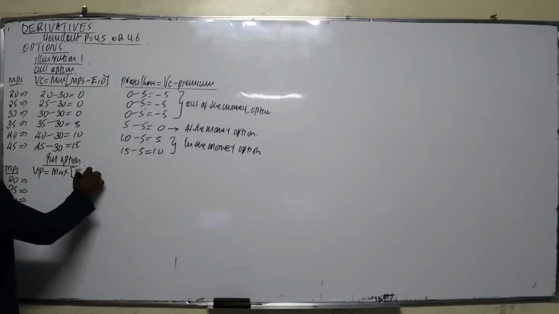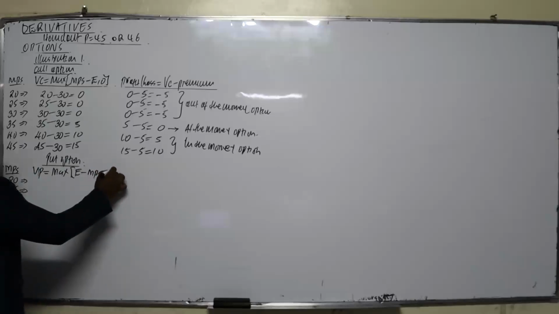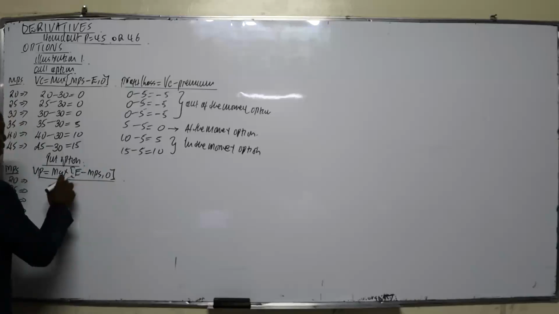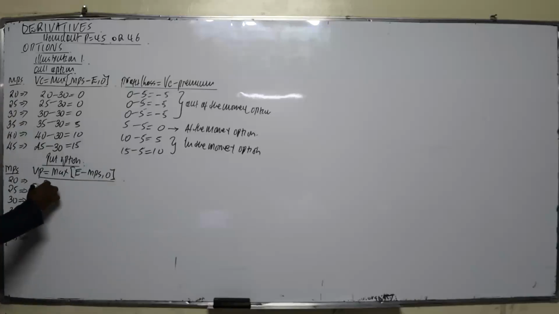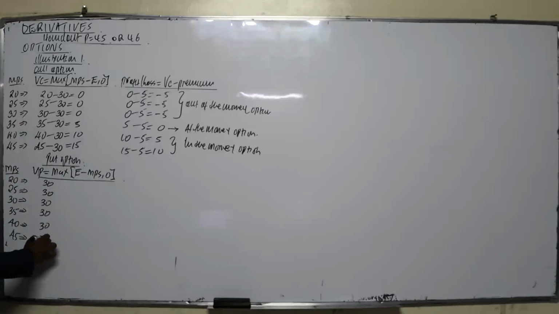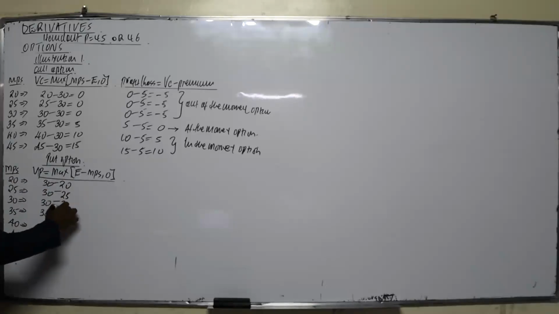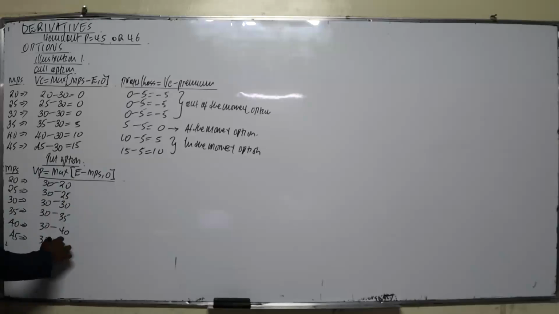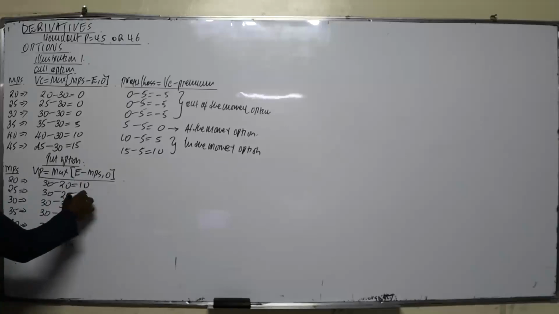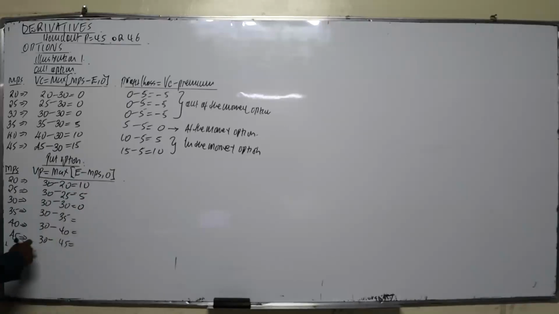You compare it against the market price per share with the non-negativity assumption. The exercise price was 30. Then we evaluate at different market prices: 20, 25, 30, 35, 40, and 45. 30 minus 20 you get 10, 30 minus 25 you get 5, and 30 minus 35 you get 0.